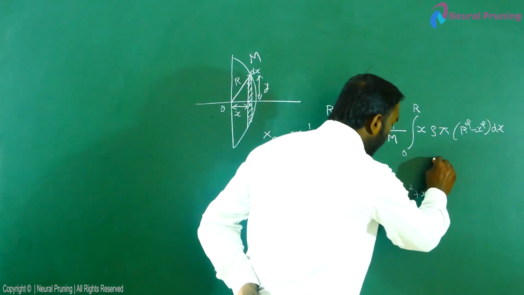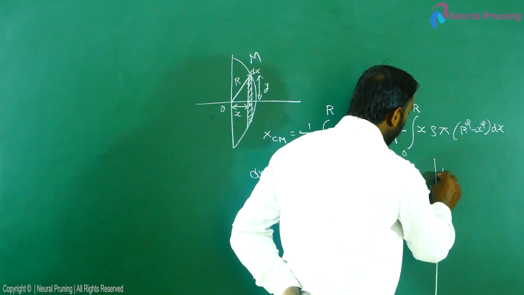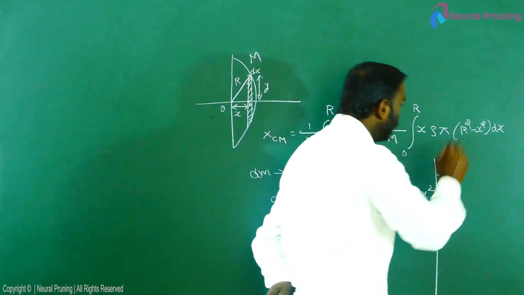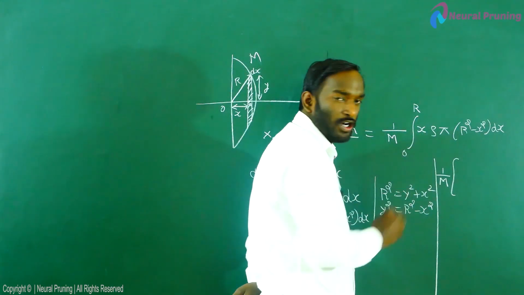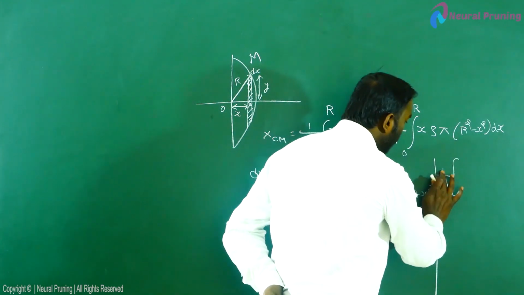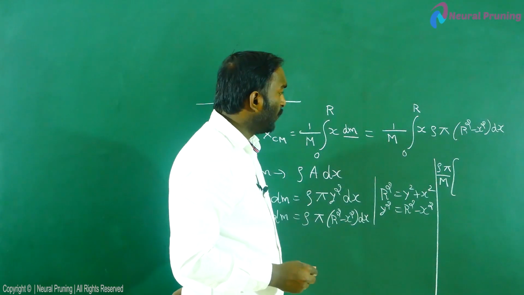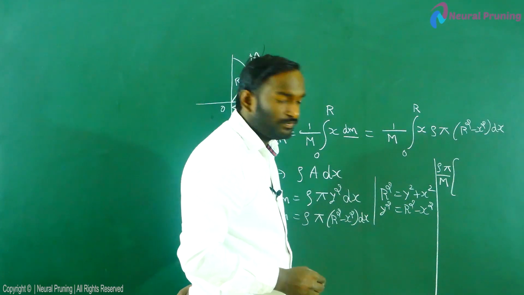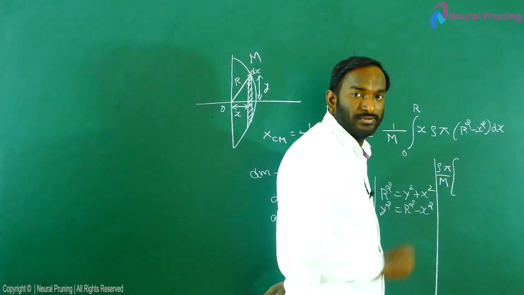How to find the integration? 1 by M into, look at this equation, rho pi are constant terms. So I can write those constant terms outside the integration. Rho pi by M into integration of x R square dx.